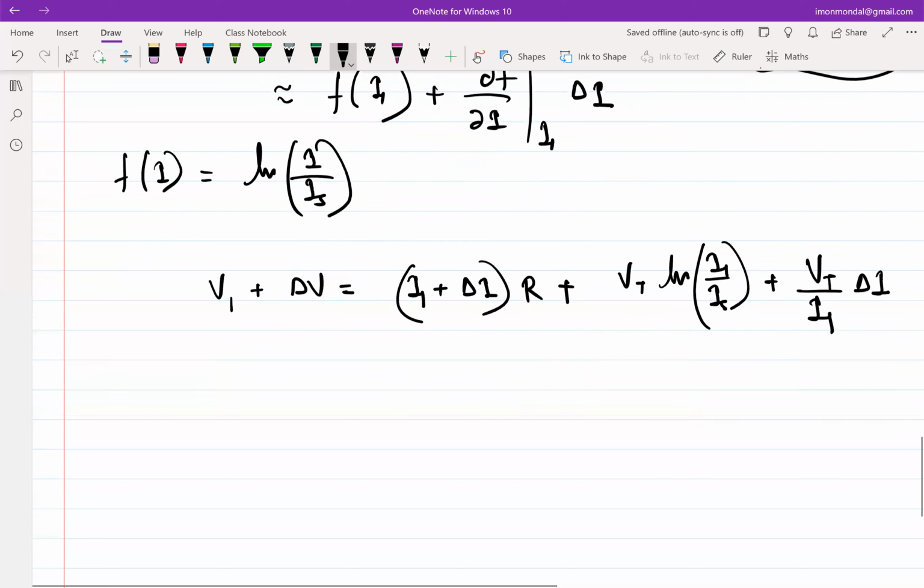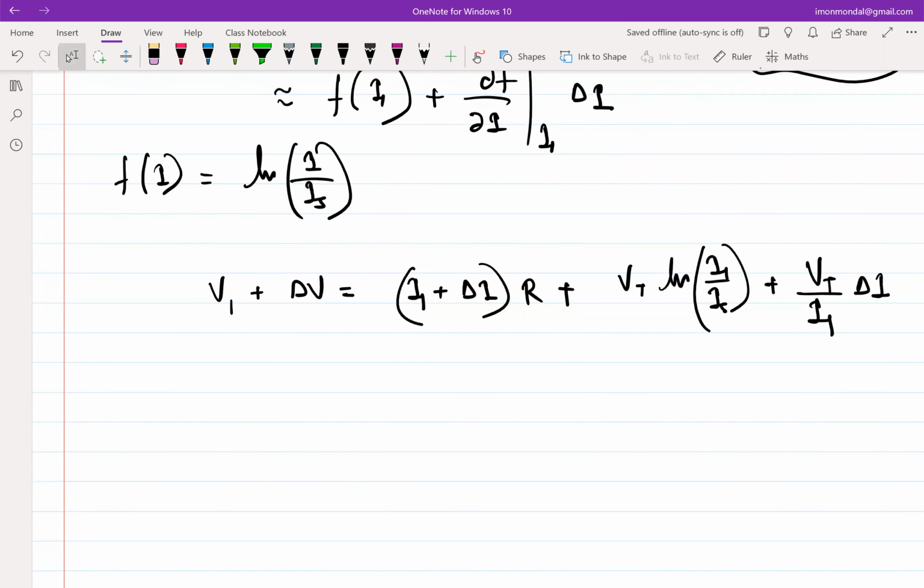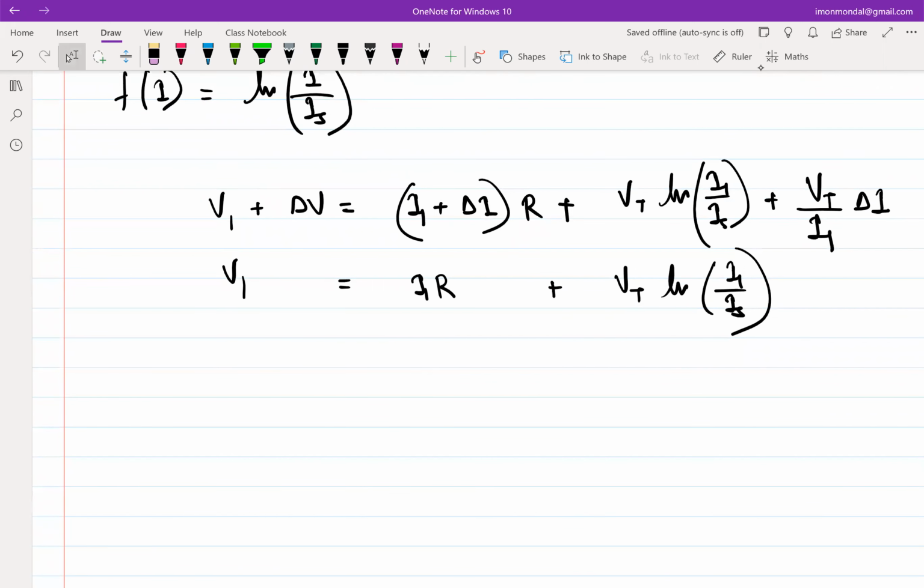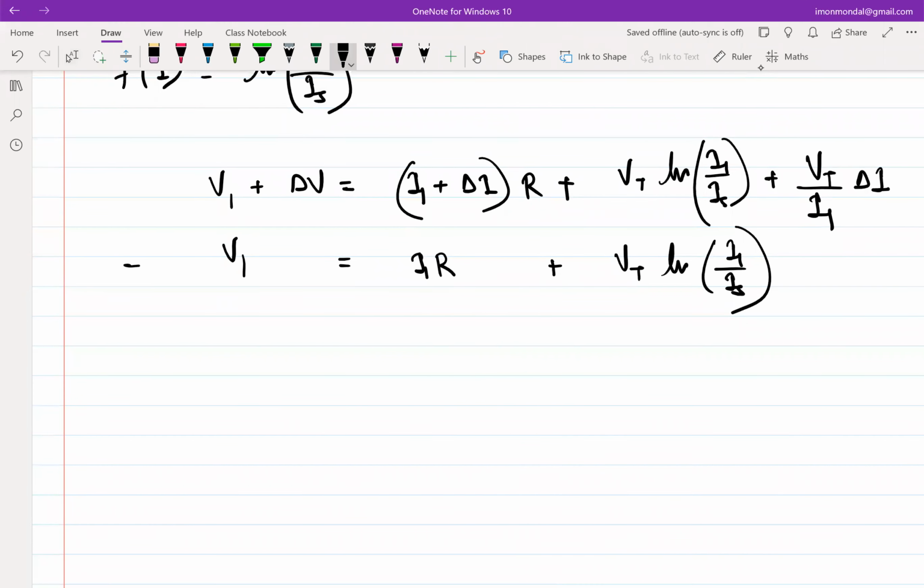And the other equation, the equation which was there before I applied this extra voltage delta V, was V1 equal to I1 R plus Vt ln I1 by Is. Now it's trivial. You subtract the bottom equation from the top equation, and what do you get?